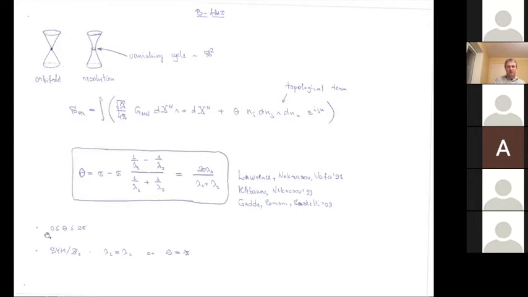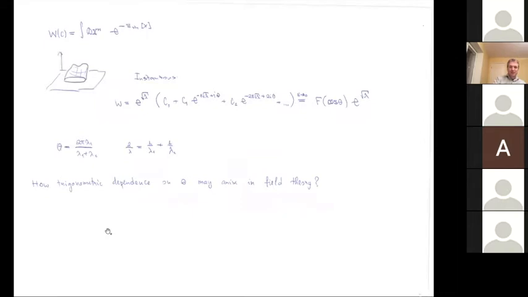And in general, it changes from 0 to 2 pi, so it is naturally a periodic, cyclic variable.